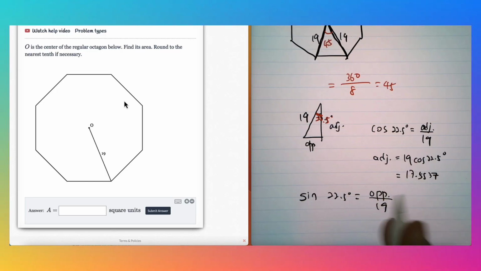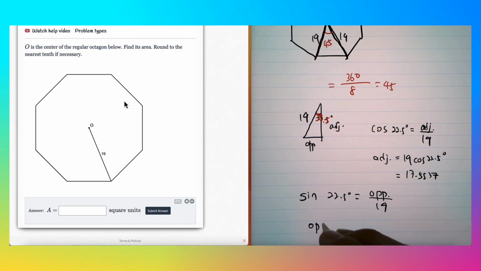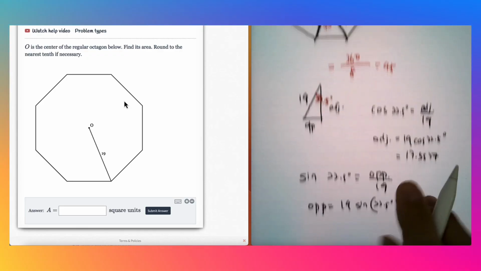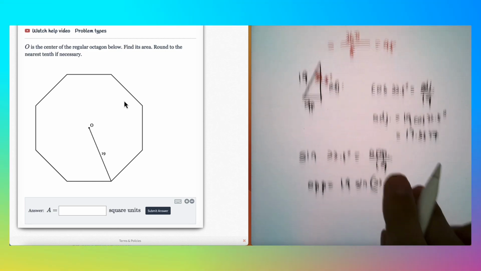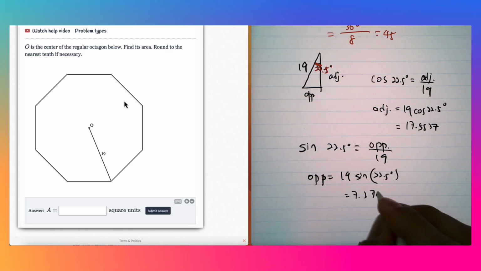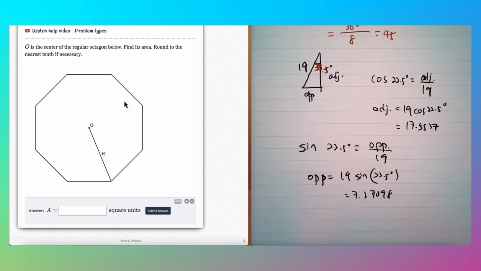So the opposite is 19 sine of 22.5 degrees, which gives me 7.27098. Now I'm going to do this all in calculator.